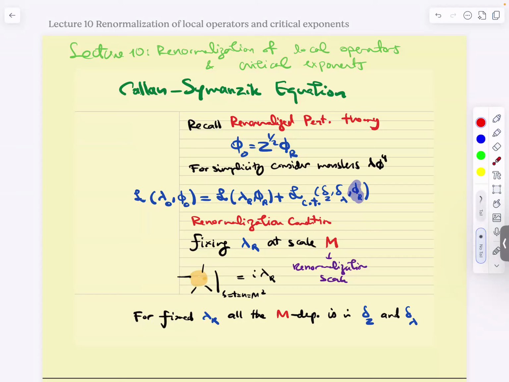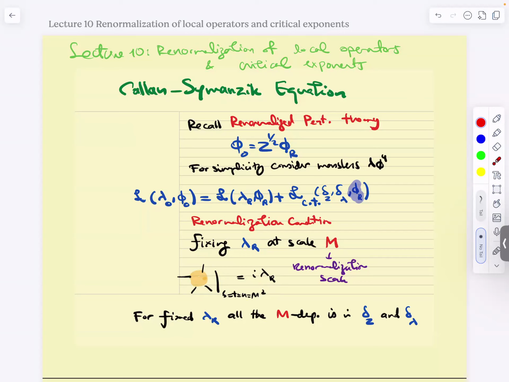All right. So the renormalization condition is what fixes the relation between these. For example, if you want to renormalize a phi 4 theory, you pick an observed value for the 4-point function at a certain scale, and then you match it to the observed value, lambda renormalized.